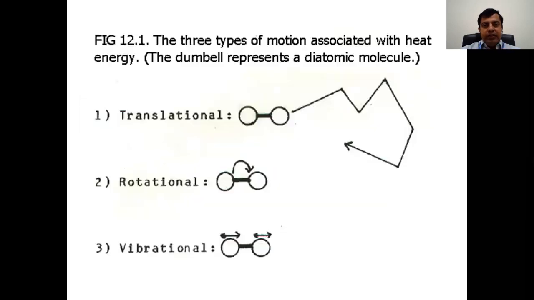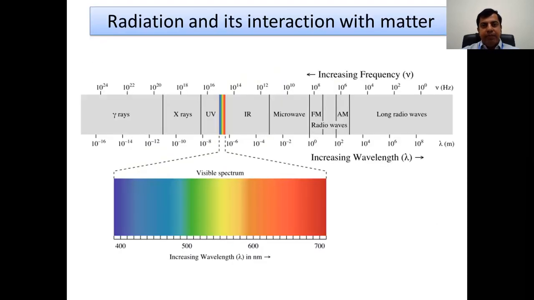This is happening because molecules have different types of motion. So basically, I am going to describe why there are different forms of EMR, not only one form. There are different forms due to the different motions of the molecules or the atoms.